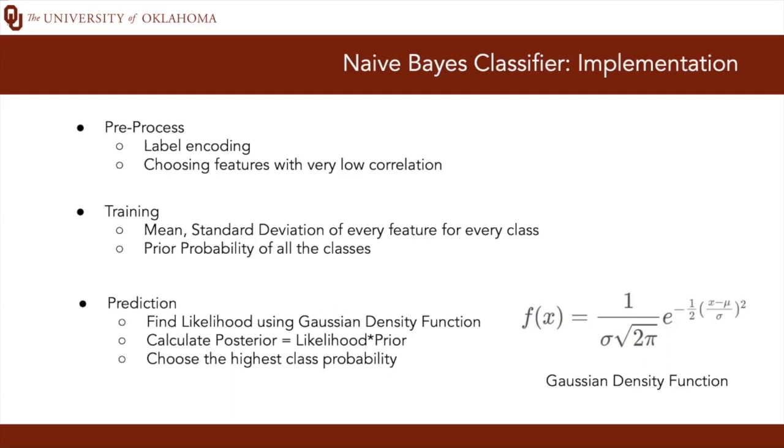Then we calculated the prior probability, which is the number of times an instance has occurred divided by the total observations. We used Gaussian density functions to calculate the likelihood, then used the likelihood and prior probability to calculate the posterior probability, and we chose the highest class probability for predicting our class. Next slide.